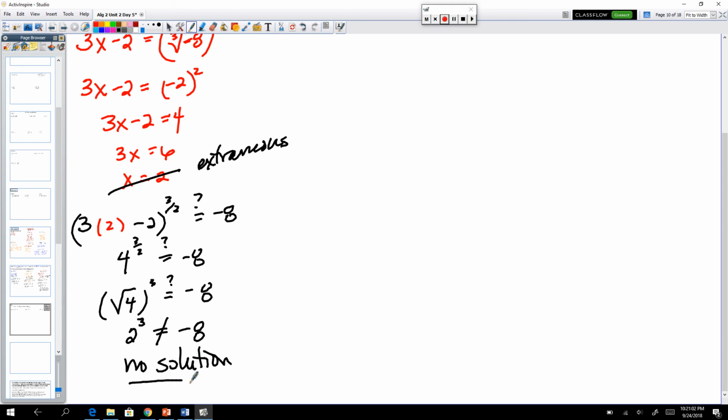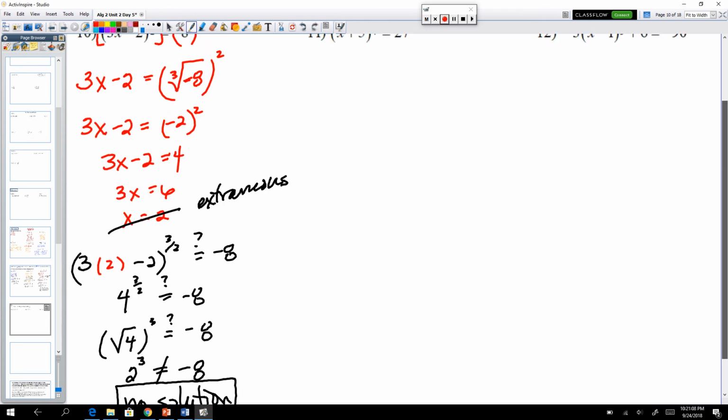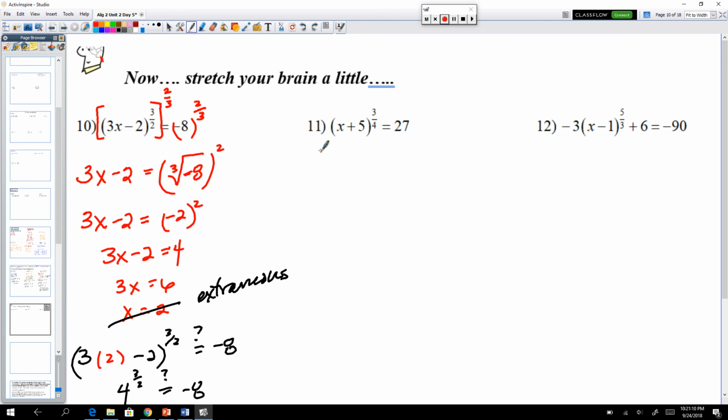Okay, if you need to pause and go back to any of that or slow it down, please do so. And from now on, you should always check to make sure that these roots work out. When you are confronted with something to the 3/4 power, in order to dig this x out of this mess, you're going to want to raise it to the 4/3 power.